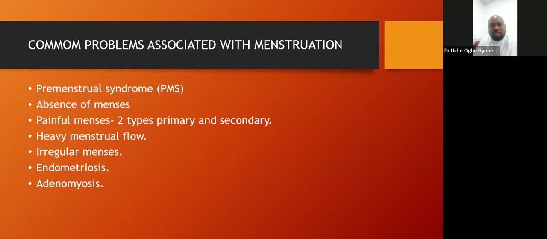Then painful menses, we'll call it dysmenorrhea. And commonly there are two types, the primary and secondary. The primary painful menses usually starts from the first time a woman of reproductive age group starts menstruating.